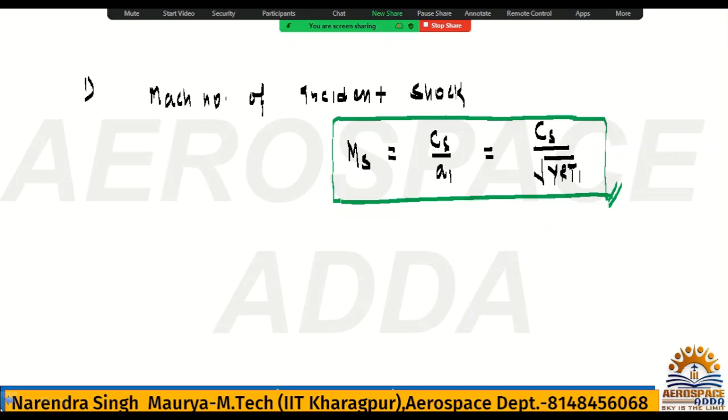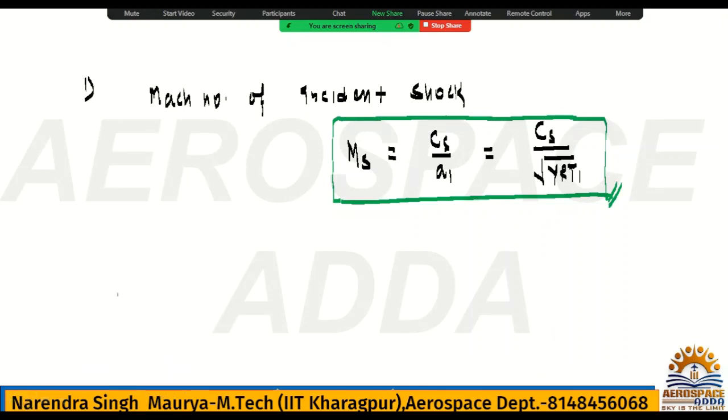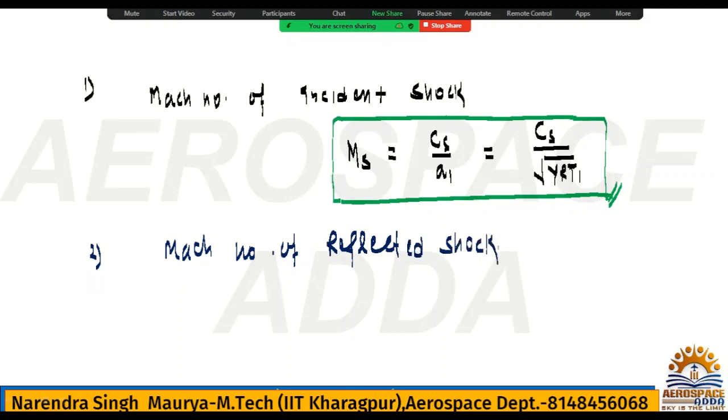Okay, number 1. What is number 2? The Mach number of the reflected shock. Very frequently they ask questions on it, like what is the reflected shock. So this formula again I will write.